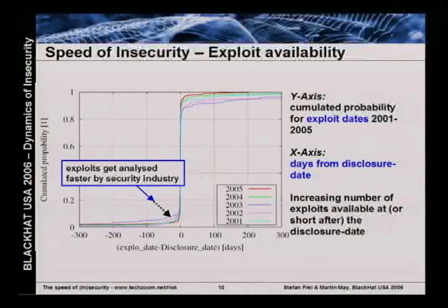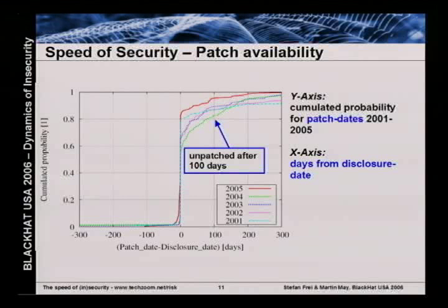So we can compare this to the speed of security. The speed of security is, for our research here, how fast are patches made available. If you see this curve, we see that most patches are made available around the disclosure date. It depends on the year. We have a big difference here.